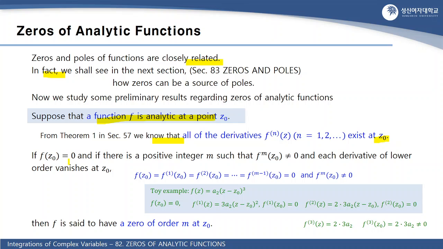If f of z0 is equal to 0, and if there is a positive integer m such that the m-th derivative of f at z0 is not equal to 0, and each derivative of lower order vanishes at z0, this means f of z0, the first derivative of f at z0, the second derivative, up to the (m minus 1)-th derivative of f at z0 are equal to 0, but the m-th derivative of f at z0 is not equal to 0.